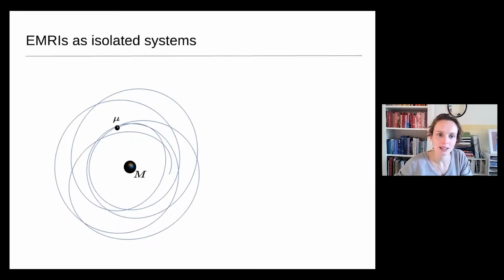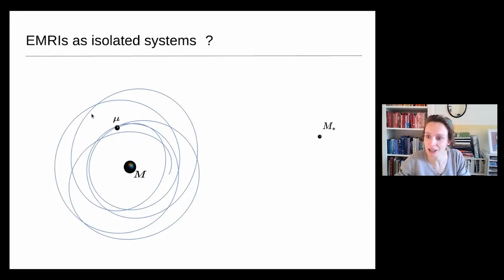And typically, we model these systems as being isolated. But we asked ourselves the question, okay, what happens if we have another small black hole or other stellar compact object nearby? How does it even influence this MRI system?